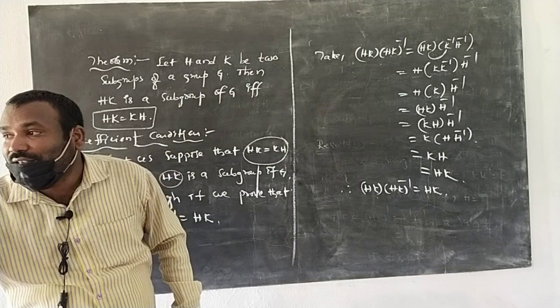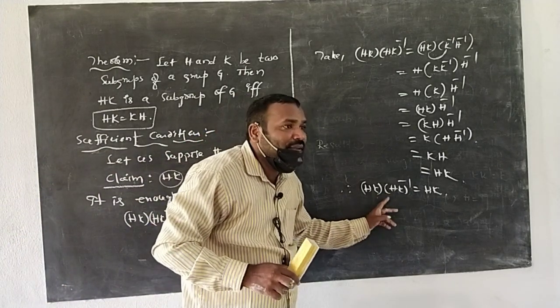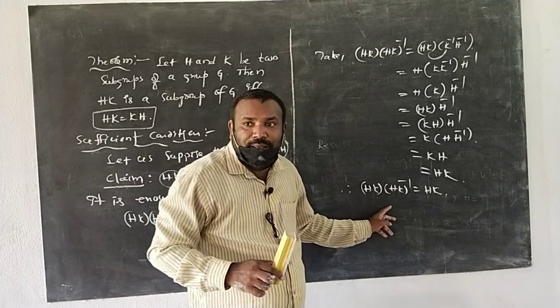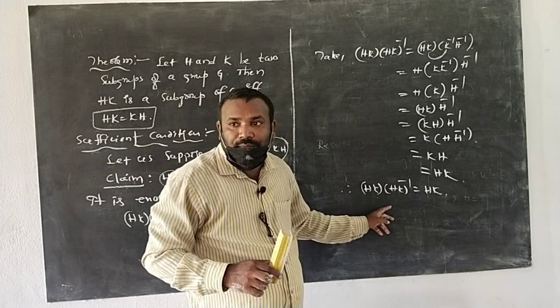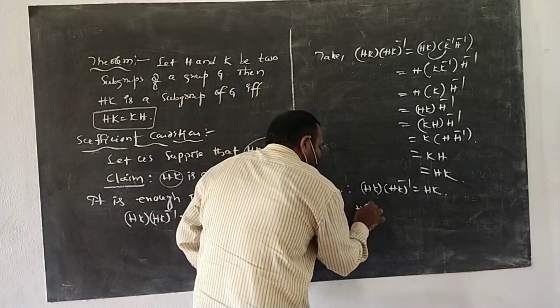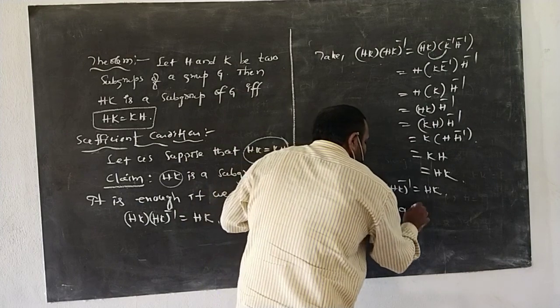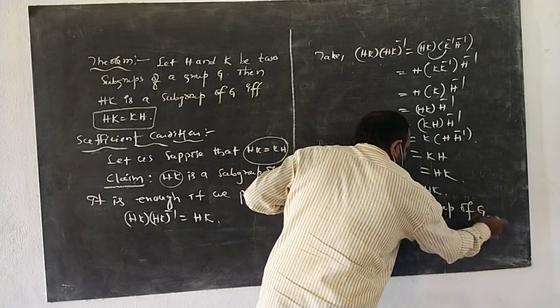Then which will become a subgroup? If this condition is true, then which will become a subgroup? Tell me. HK will become a subgroup. Therefore HK is a subgroup of G. That is the thing.